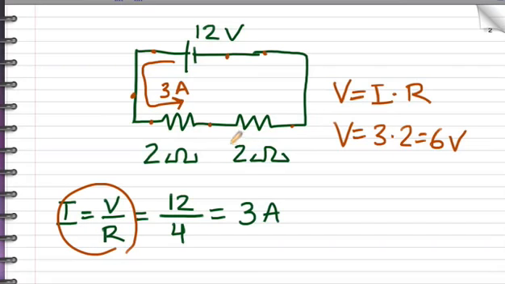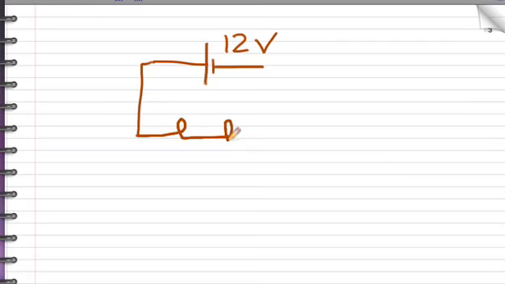Let's do another example where the resistors are not identical. Suppose we still have a 12-volt battery, but let's say we have a couple of light bulbs. And the bulbs aren't identical.